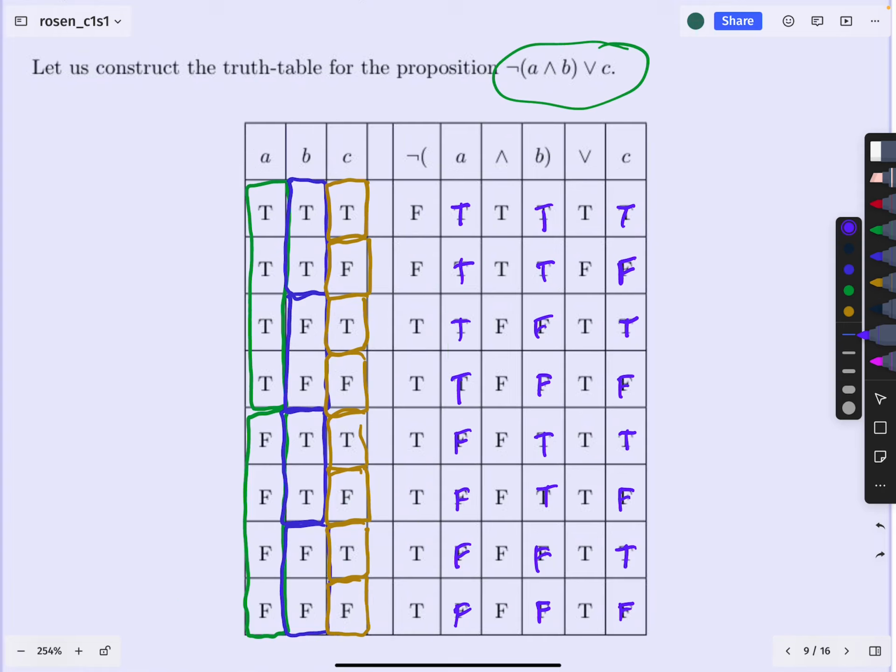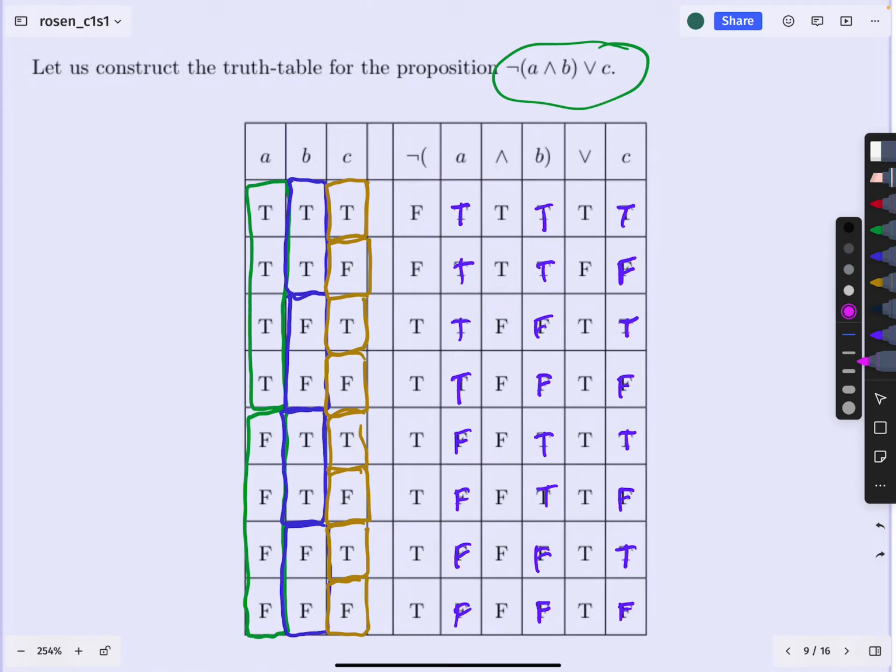From here, we need to have our logical symbols operating on the given truth values. But there's a little bit of a subtlety this time, because if you just read left to right, the first symbol you encounter is a negation. But keep in mind that, because of the parentheses, that negation is negating the entire conjunction, not A, not B, but the conjunction of them.